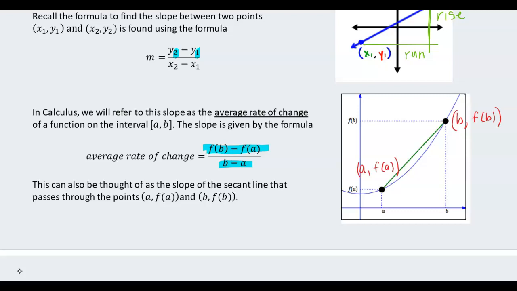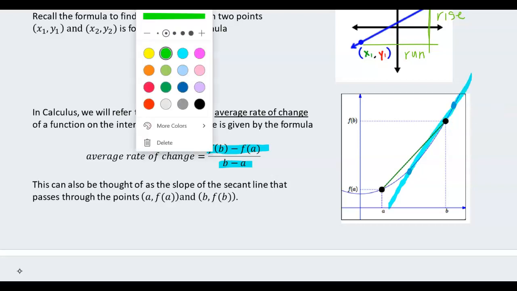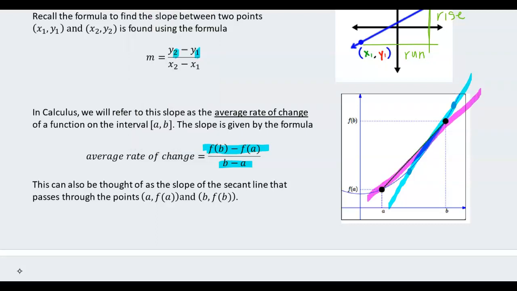The reason we're calling it a rate of change is because if I were to pick two different points, let's say I picked a point here and I picked a point here, and if I were to draw a line between these two new points, the line that I get is going to be at a different slope than the one that I had drawn before, right? Let's look at those two in comparison. So here's a different line. The slopes of those are different. And so we want to talk about how those slopes changing over time average out.